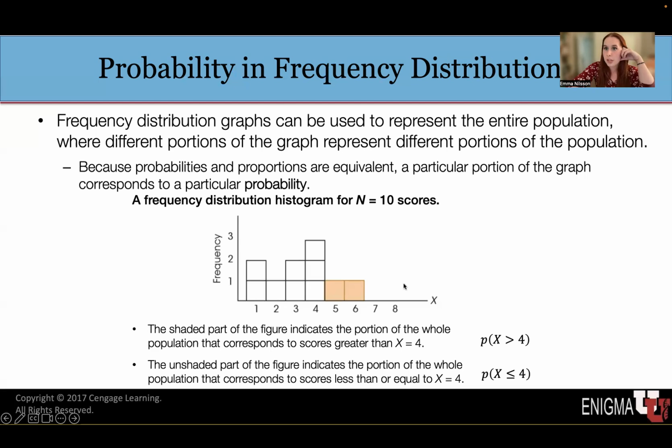And we would say, okay, that is 2 out of the total 10, which is going to equal 1/5, which is 20%. So the probability of obtaining an individual with a score that is more than 4 in this population is going to be 20%. And that's how we use these kinds of frequency distribution histograms.